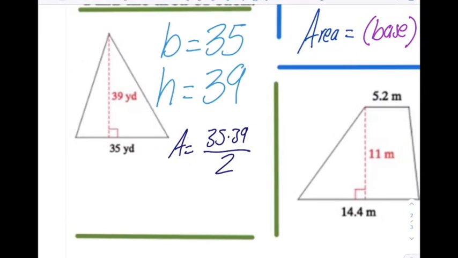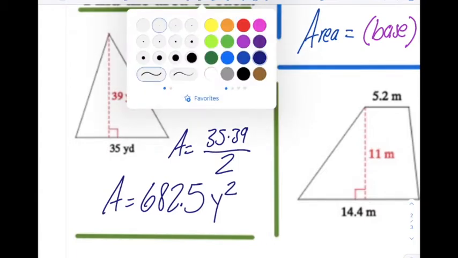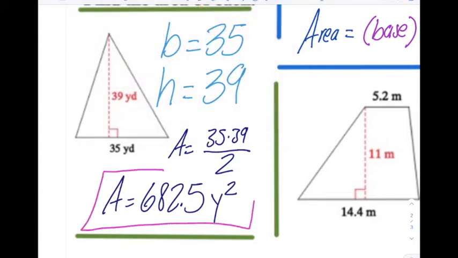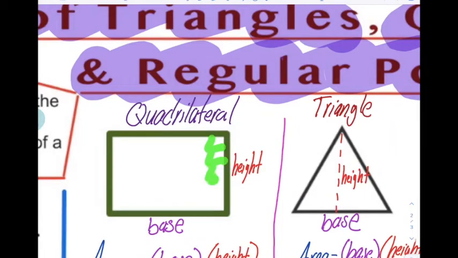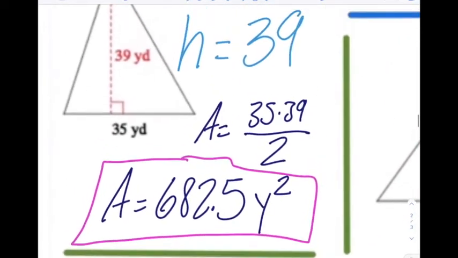So my area is equal to 682.5. Now here we're using yards and we're going to say squared. Whenever we are finding the area of something, we are finding the square, right? Remember what I said? Square. We're finding how many little squares are in each of these shapes, right? But here, it's going to be half a square, and that's why we get halves sometimes.